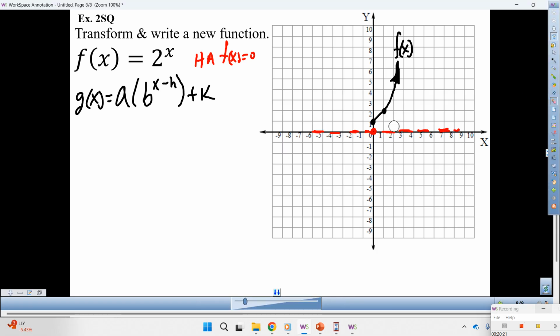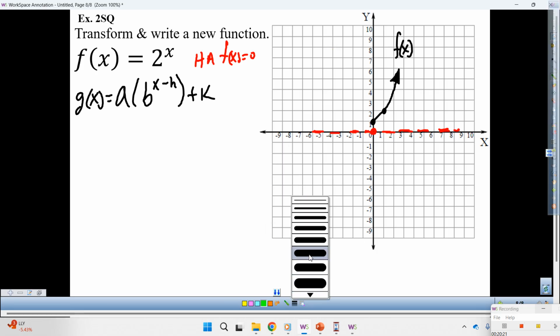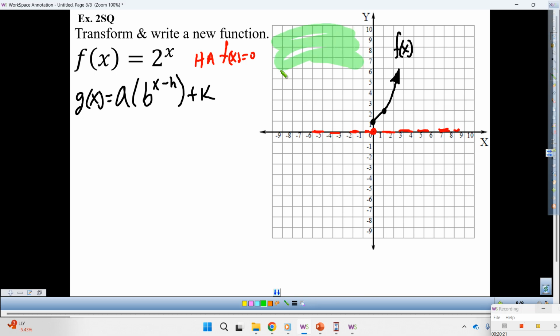All right. So now that we have our parent function graphed, check this out. Look up. I want you to transform this, sending it somewhere over there. So you decide how many steps. Once you move it, write your new equation and your new HA and graph it. Go.